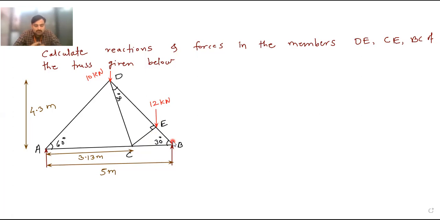So how do we start with the problem? Can you calculate the reactions first, RA and RB? Now so many problems we have solved. Now you know how to calculate the reactions. So calculate it now. Try to solve the reactions only first of all. Calculate the value of RA and the value of RB.